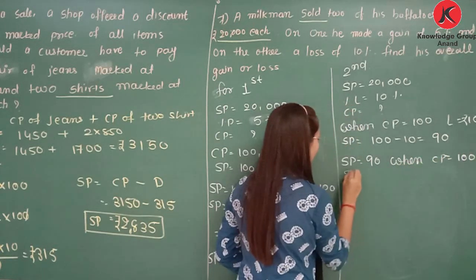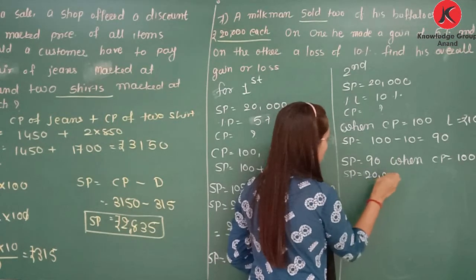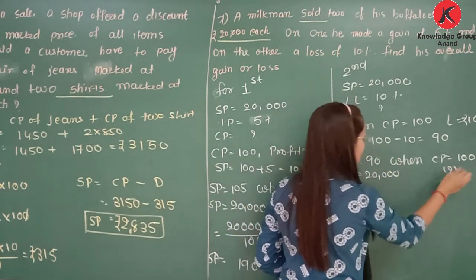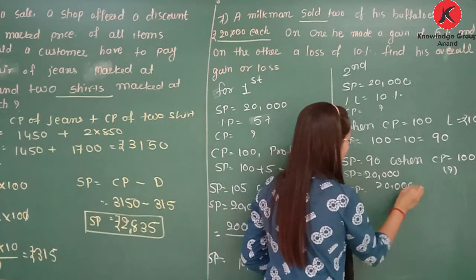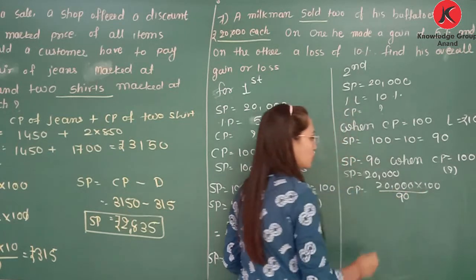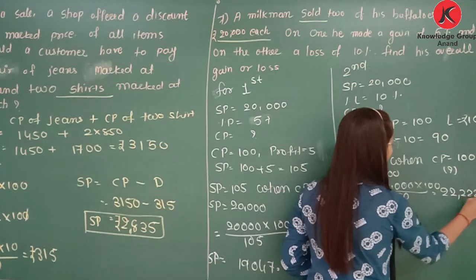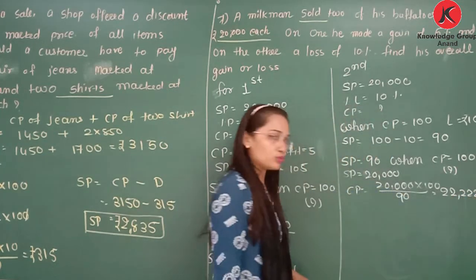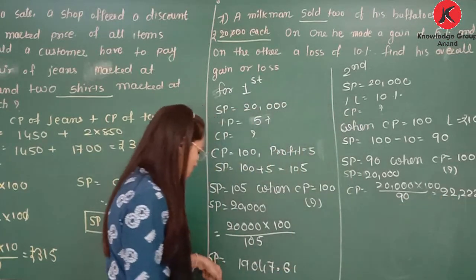Our selling price is 20,000. So what is the CP? CP is equal to 20,000 multiply 100 divide 90. If you perform the division, you will get 22,222.22. So this is the cost price of the second buffalo.